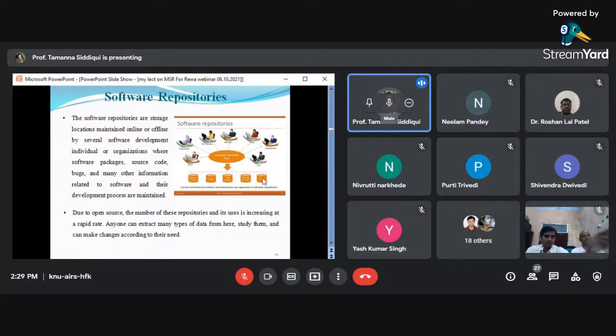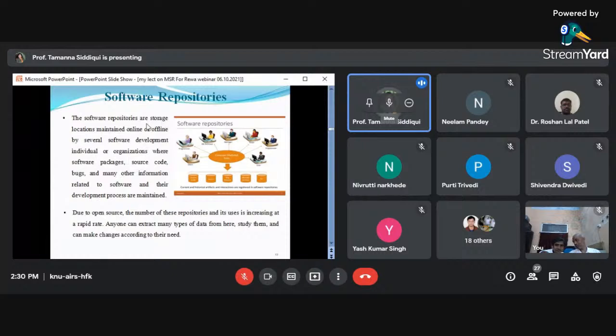This is a huge collection of repositories, and through some interface or tools, they are able to access it. You can see the arrow is two-directional. That means they can either retrieve information from the repository or store information in the repository.